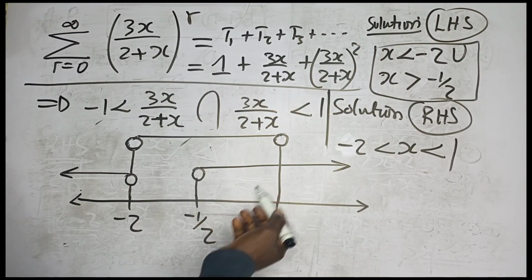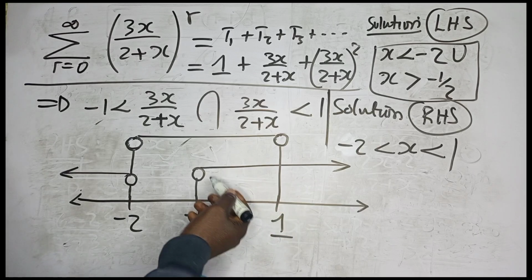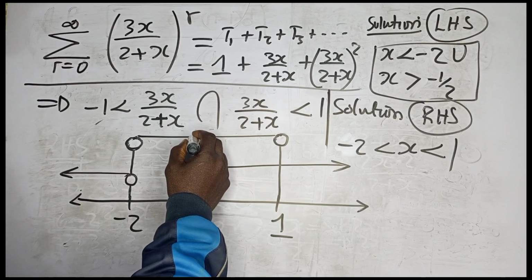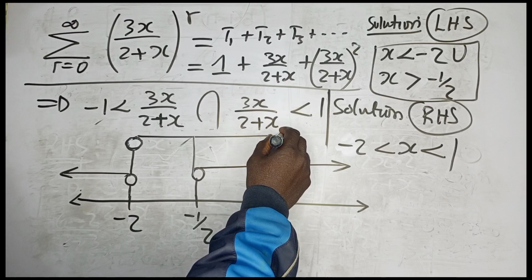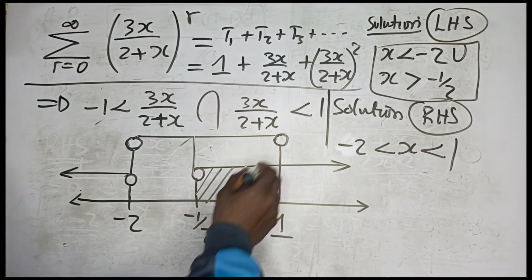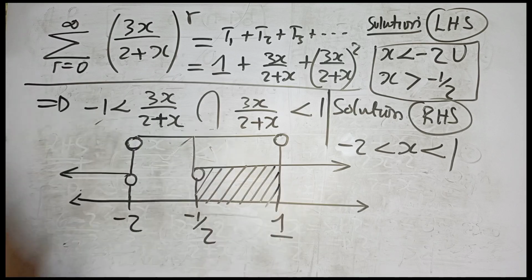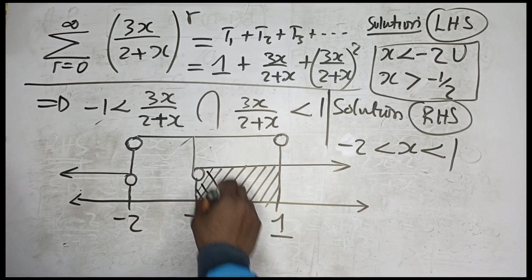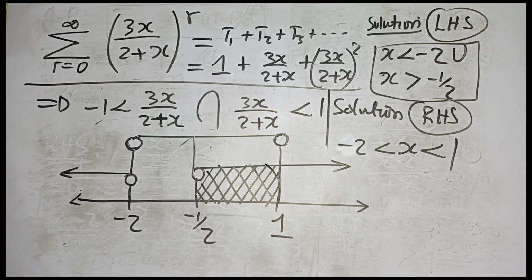But look at these values. They are found inside the first one and also inside the second. So this is where there is perfect intersection. That's where we have a general solution set for the two inequalities.